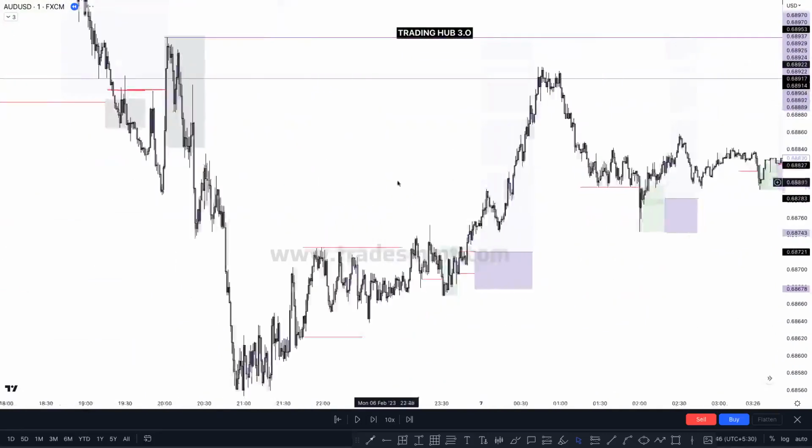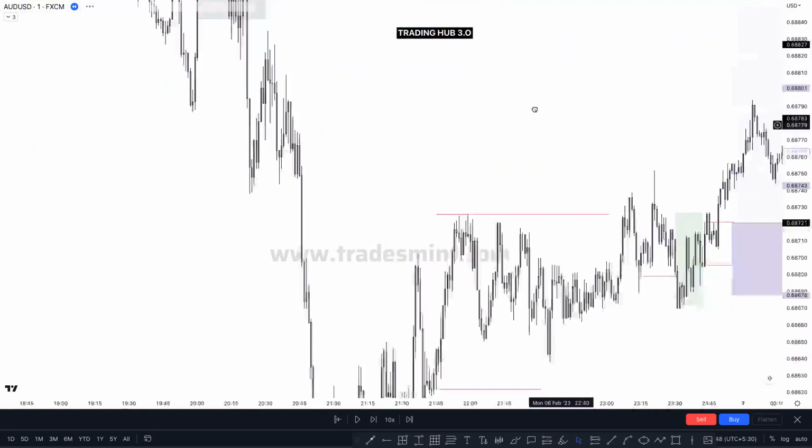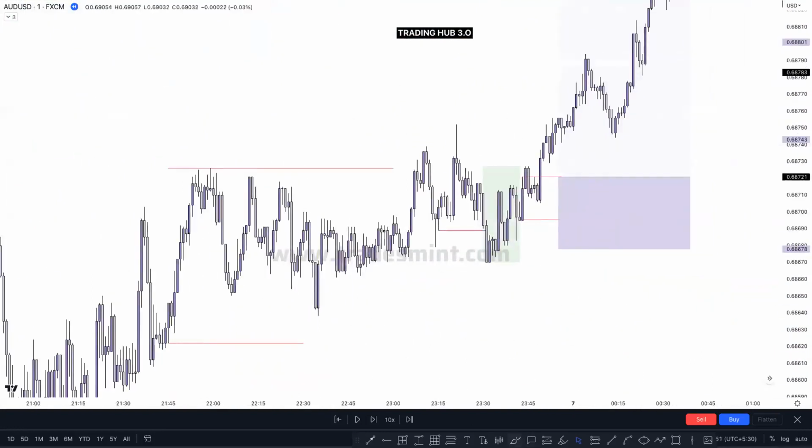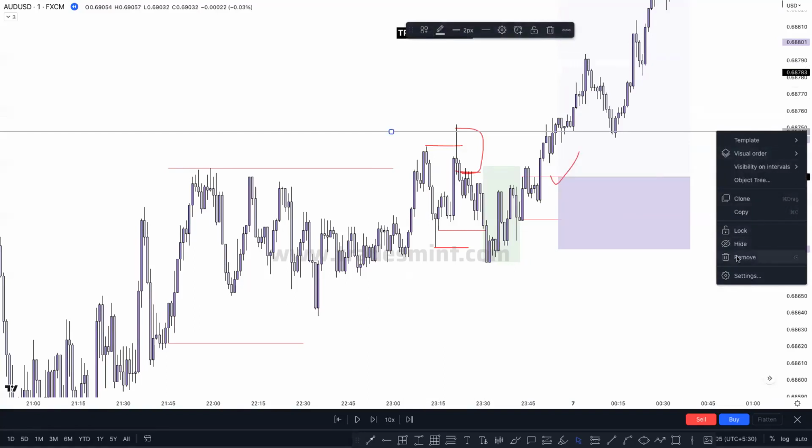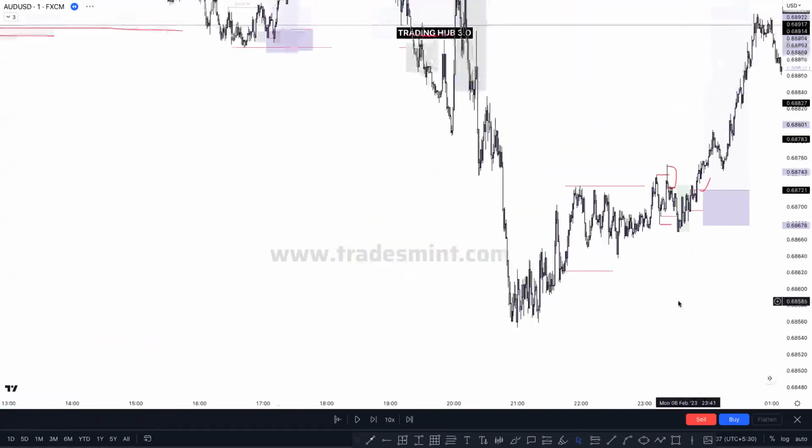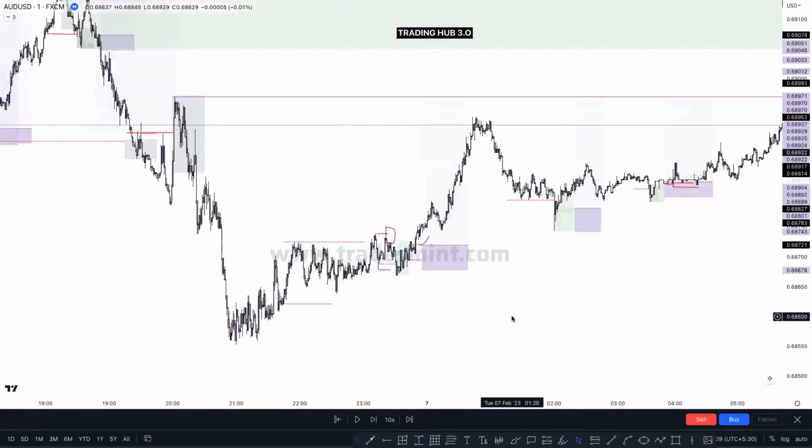If you can see at this time, previous 15-minute high swept, you can sell here. Sell, taking out this low, your entry on break-even point, and the next entry here. So you can take trades on both sides, right? It works on both sides.